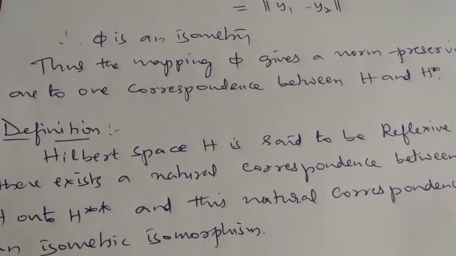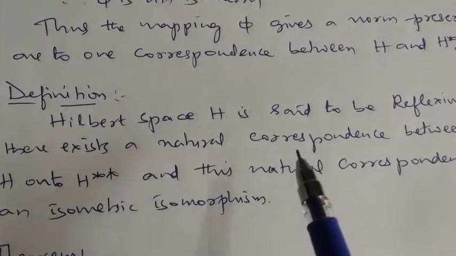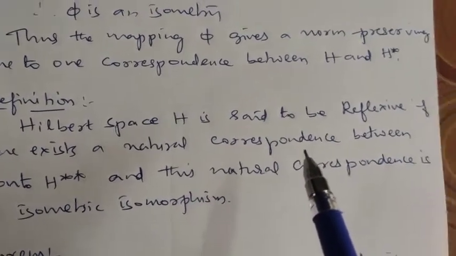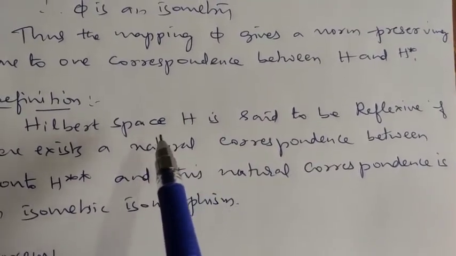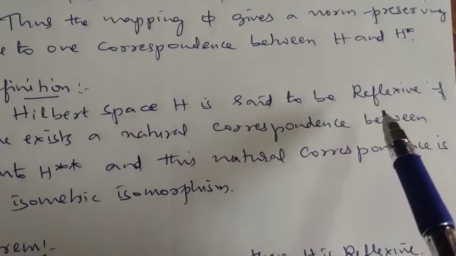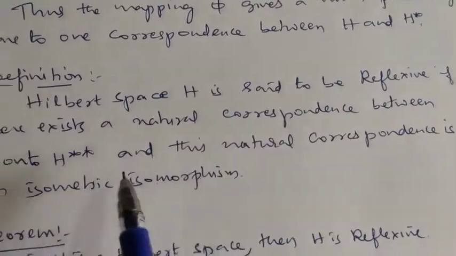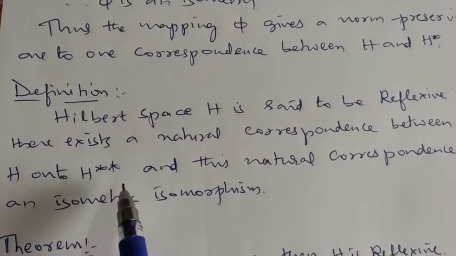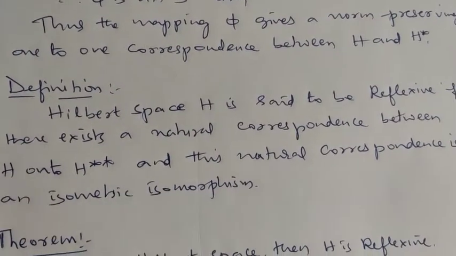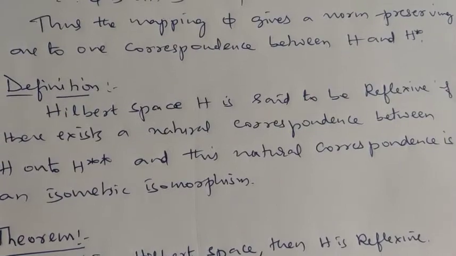Now, we have defined in Banach spaces also what is meant by a reflexive space. Here the Hilbert space H is said to be reflexive if there exists a natural correspondence between H onto H double star. The same definition we have given there also, and we have proved the theorem also.